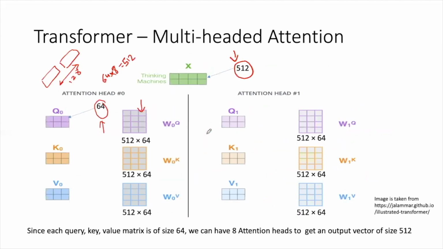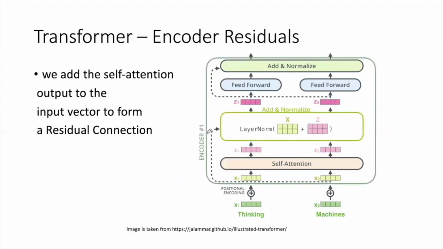We have a layer normalization layer in between, which normalizes the contextual representation for each word. It first calculates the addition between the contextual representation and the original input: z1 plus x1 gives a new vector, and similarly z2 plus x2 gives a new vector. This is like the matrix version of the addition operation.